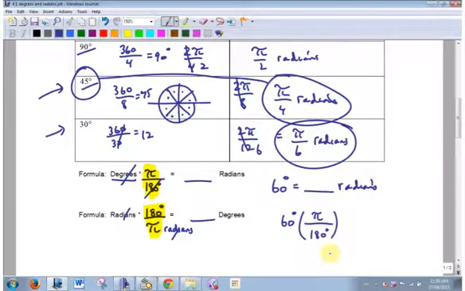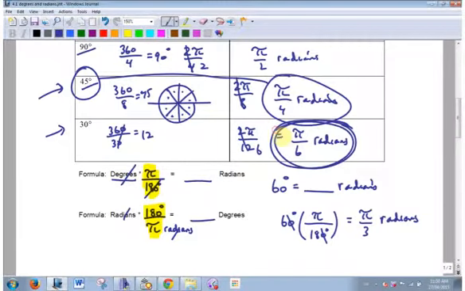And this one, we don't want to do a calculator. Some of them are going to be nice. We want actually this as fractions. How many times does 6 go into 18? Okay, so 60 degrees is a third of pi radians, or pi over 3 radians as we normally say it.